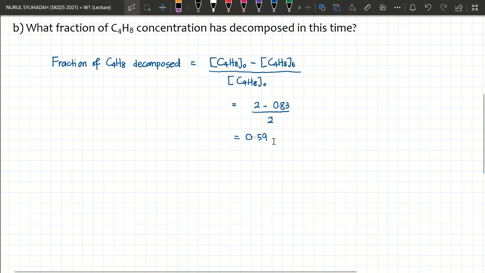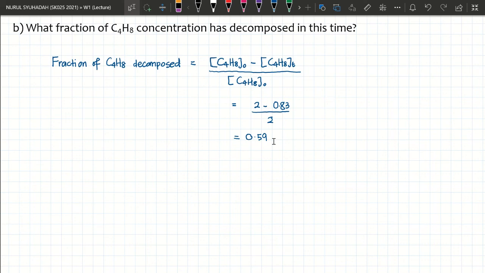When we are talking about fraction, the maximum amount will be 1. It's 0 to 1. If you get a number more than 1 or smaller than 0, a negative value, you need to recheck your calculation. So this is example number 1.